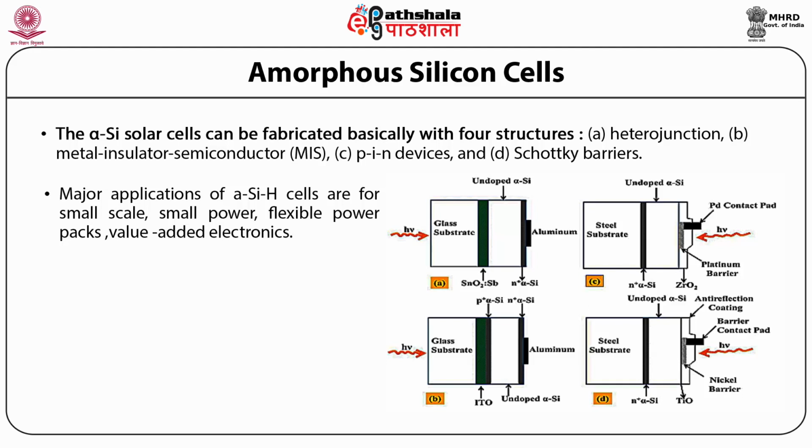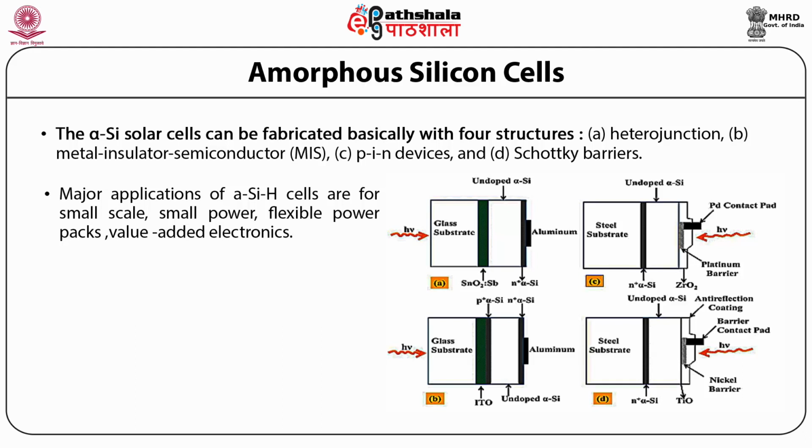First is heterojunction, second metal insulator semiconductor MIS, third PIN devices, and fourth is Schottky barriers, and these are all shown in the figures. Now let us discuss these one by one.